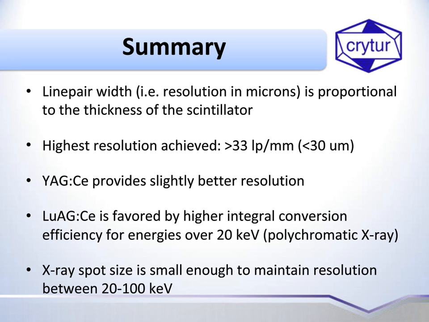Okay, thank you. Another question: is it possible to image an object larger than the scintillator, given that you can't focus X-rays? It's a good question. The scintillator actually works as an imaging plate, so the object must be smaller than the scintillator itself, or it must be measured in parts.